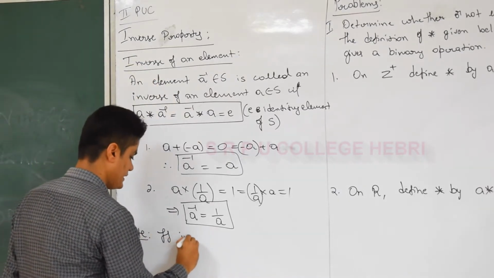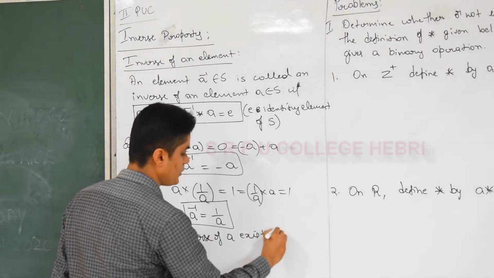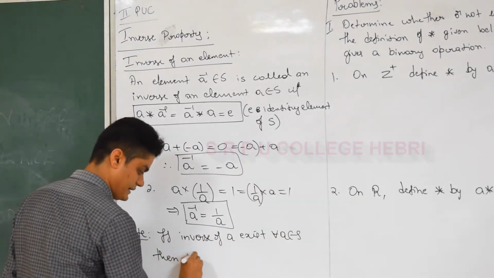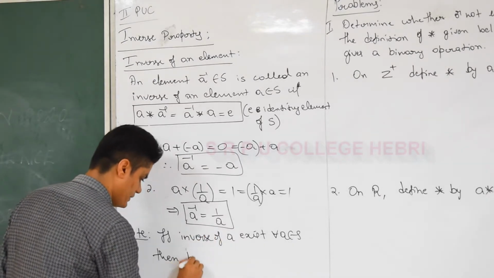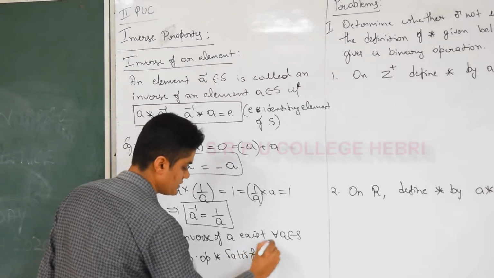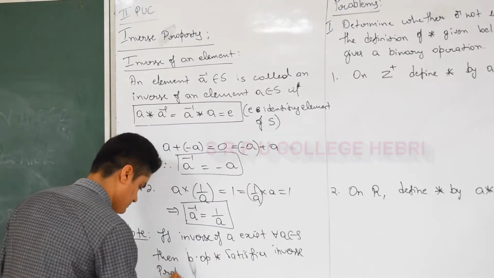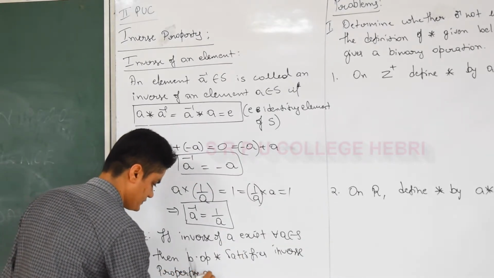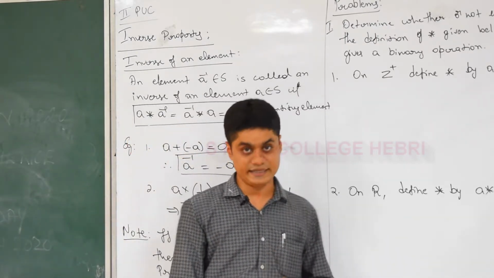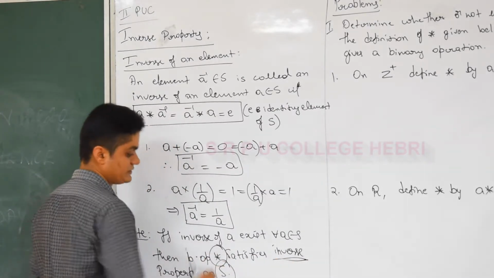If the inverse of A exists for all A belonging to S, then the binary operation star satisfies the inverse property on S. If the inverse exists for every element of the non-empty set S, then we say that the inverse property holds with respect to this operation on this set.